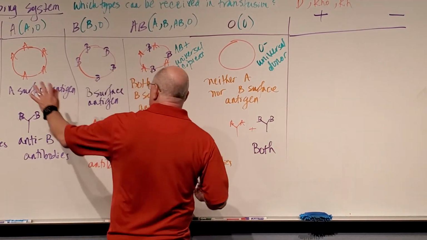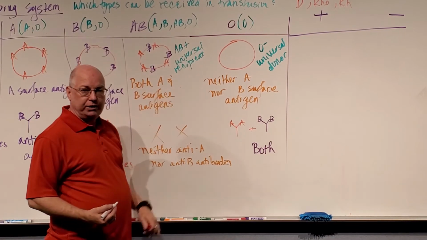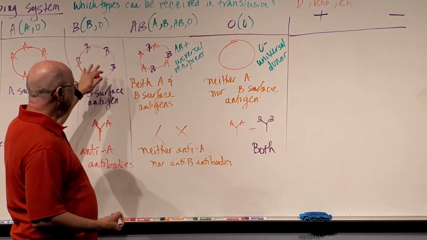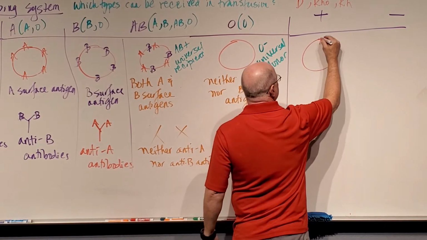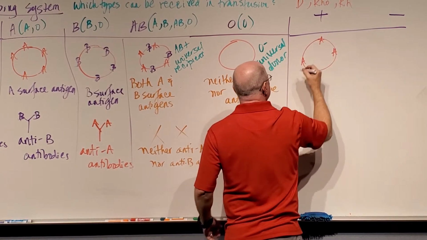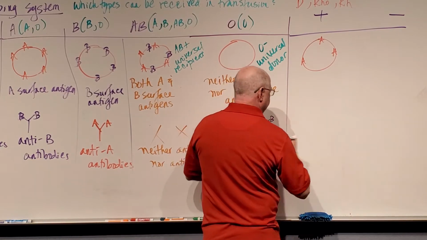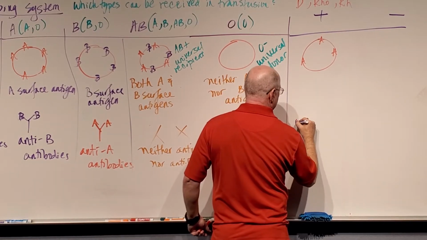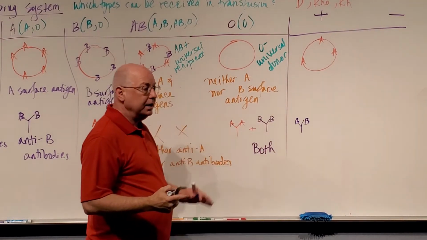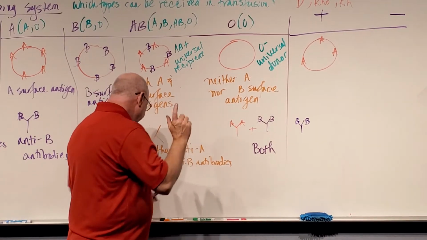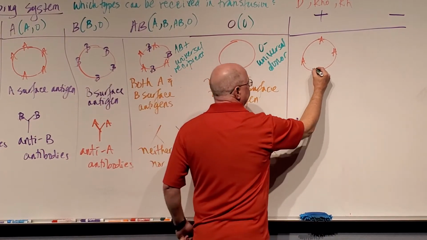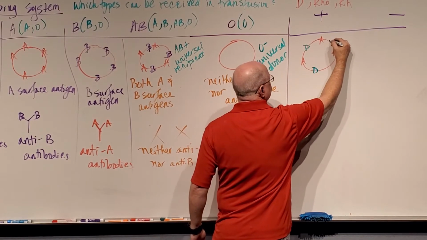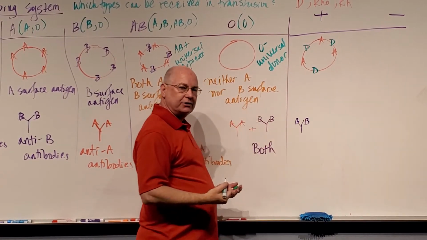So, whichever one of these blood types that we are, I'm going to use type A just for an example. If I take a person who's type A blood, and I know they have the A surface antigens, and they also have the anti-B antibodies already in their blood. If they are positive, in addition to all of that, they're going to have another surface antigen called the D surface antigen, or also called the Rh factor, or Rho.